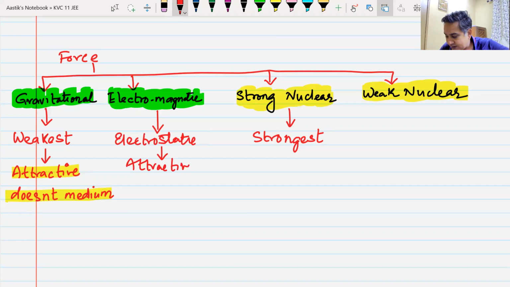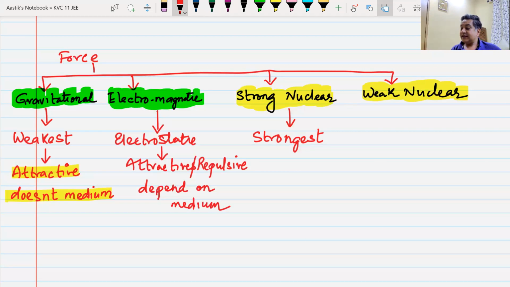Like poles or like charges repel each other, unlike charges or unlike poles attract each other. These electrostatic or electromagnetic forces depend on medium. So these are the two types of forces.